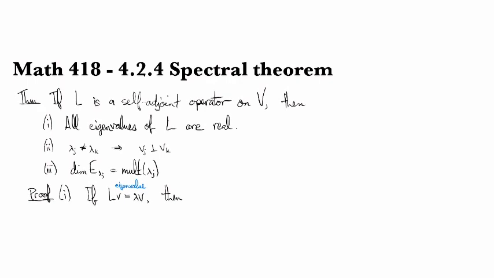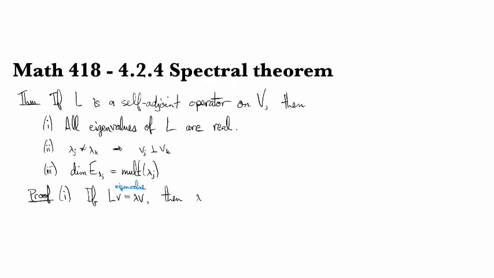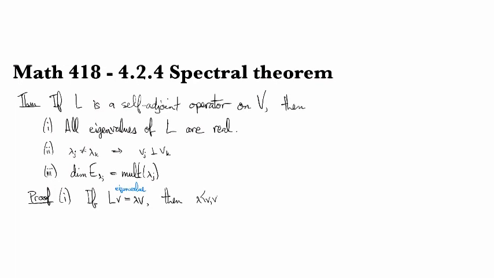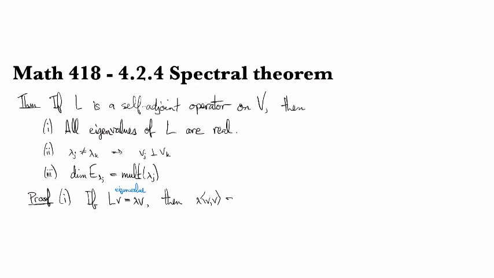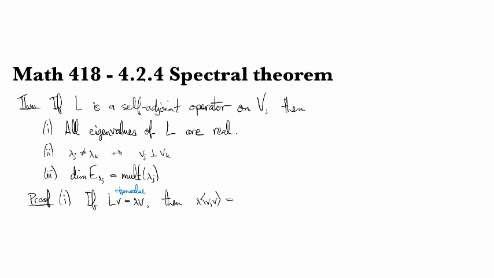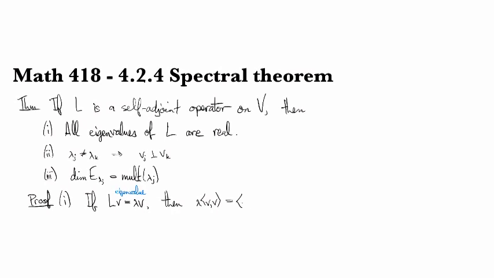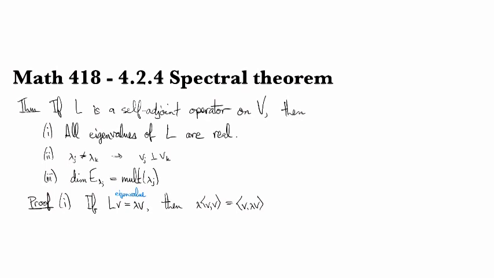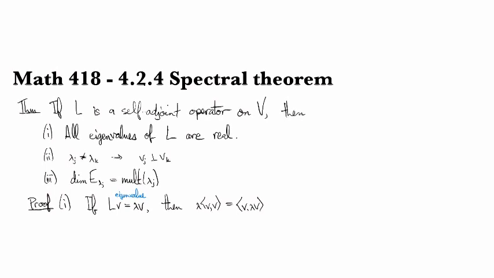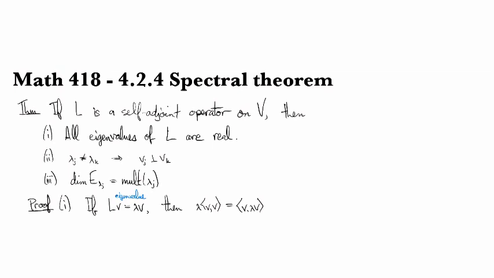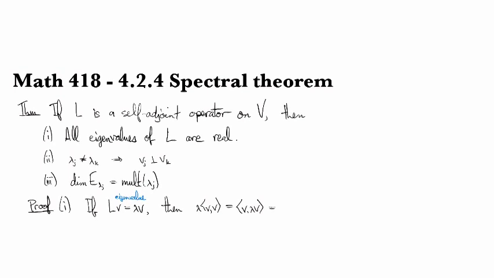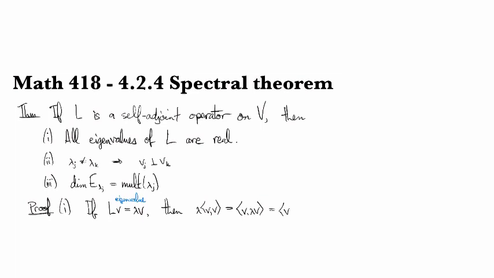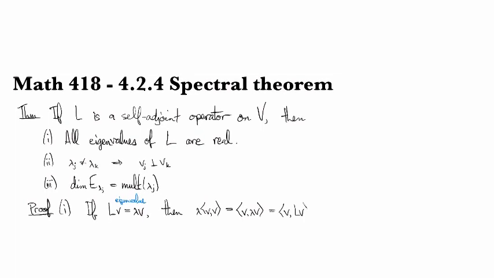Then we can do the following computation. Let's take lambda and its corresponding eigenvector V, in the inner product (lambda V, V). By the linearity of the inner product, I can scoot lambda inside. Then because it's an eigenvalue pair, I can replace this with LV.